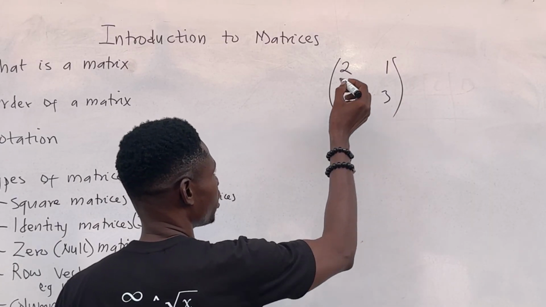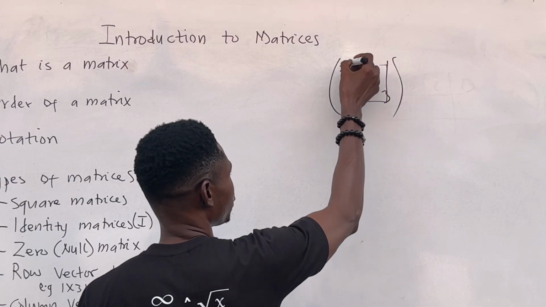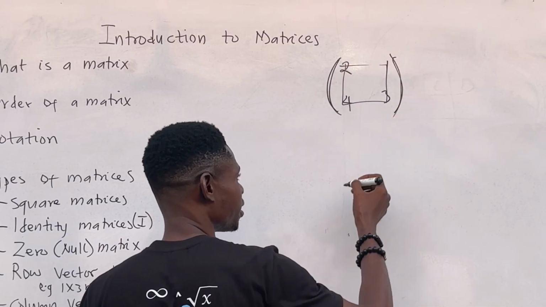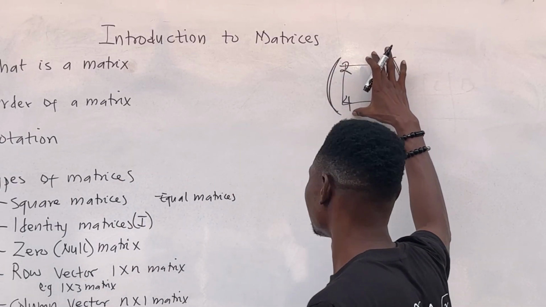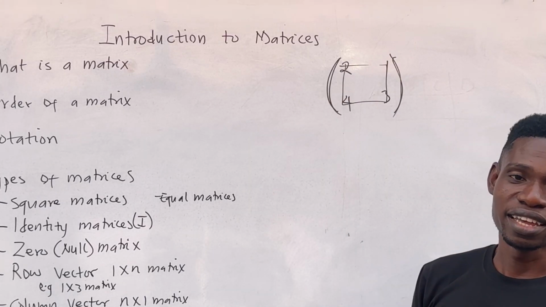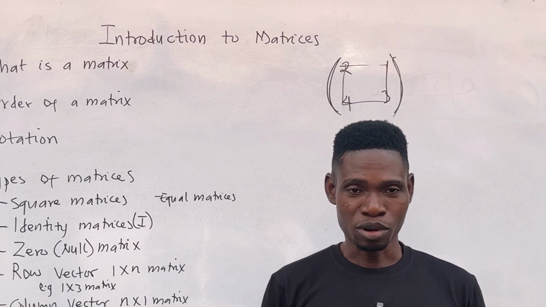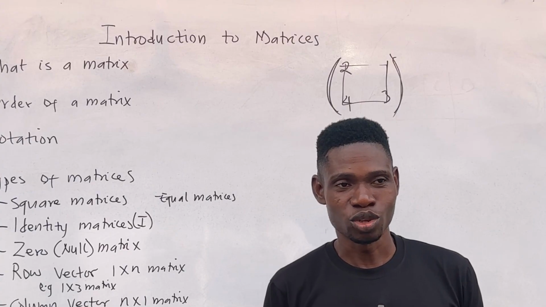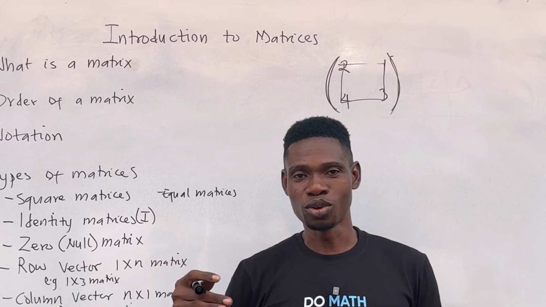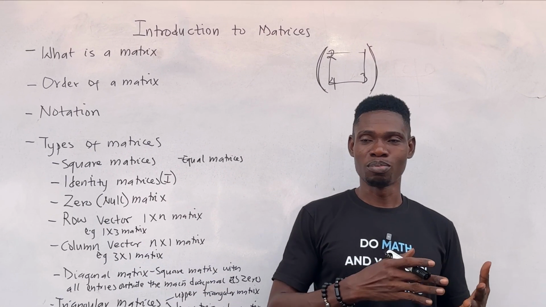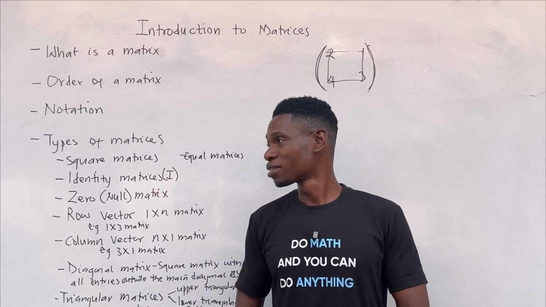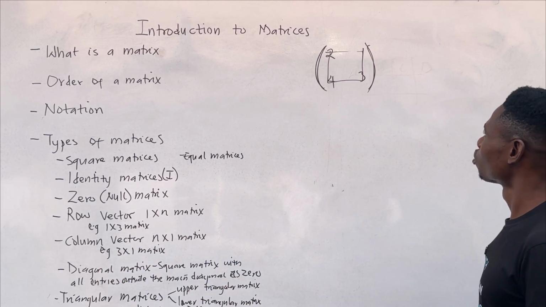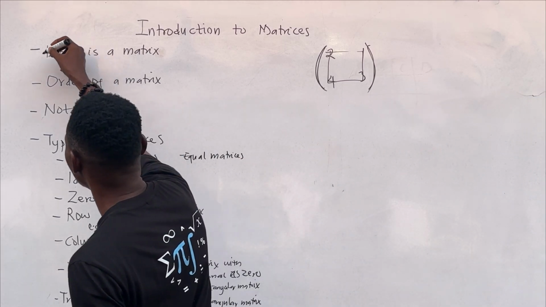Now watch, the rectangular arrangement is in parentheses. So if you see an arrangement like this, what you are seeing is a matrix. And because we're going to be treating plenty, we call them matrices. The singular is matrix, the plural matrices. Okay, so we just defined a matrix.